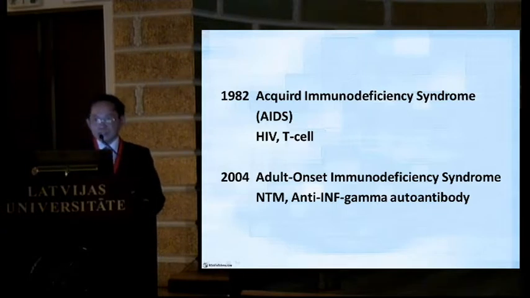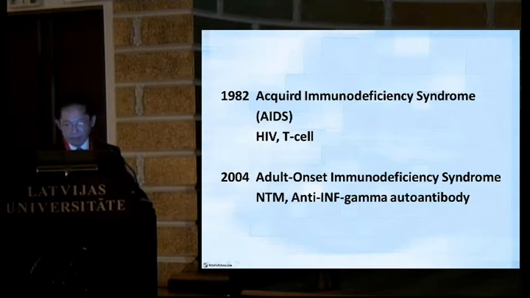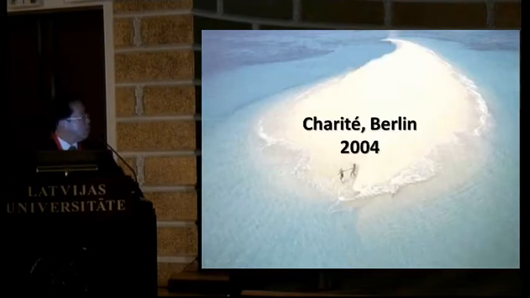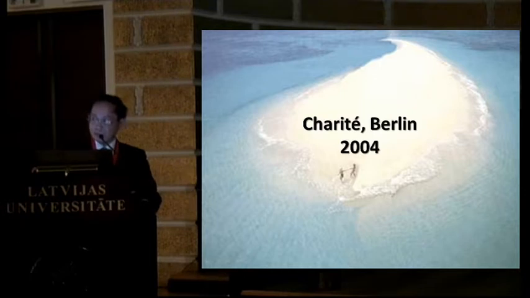The first one was in 2004, exactly 10 years ago. Now, the first patient actually was reported in the journal Blood. And guess where this report was from? It actually was from Europe. It was from the Charité University Hospital in Berlin in 2004.